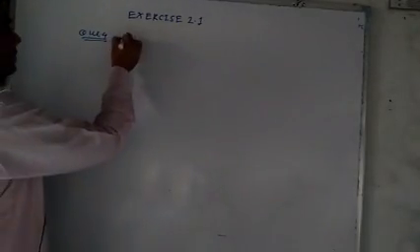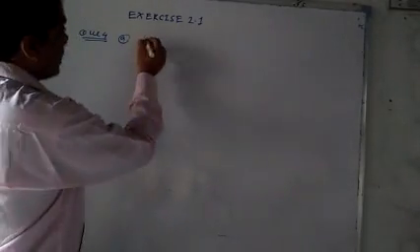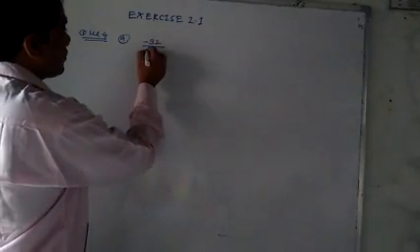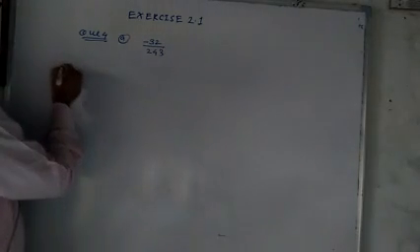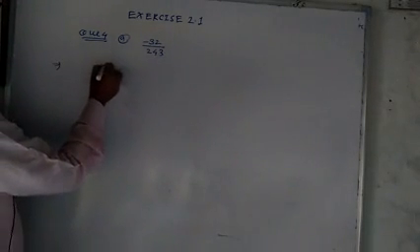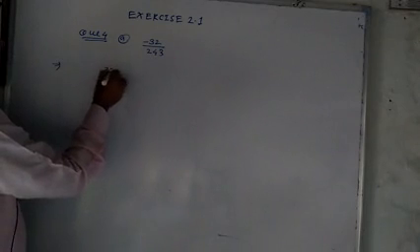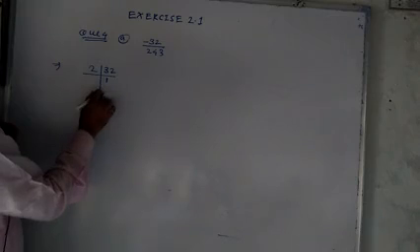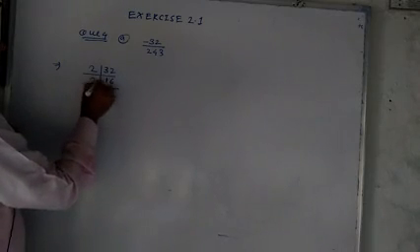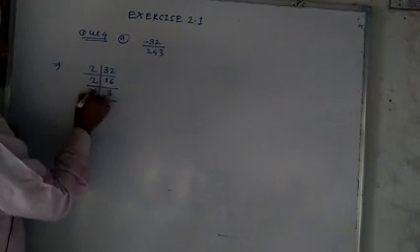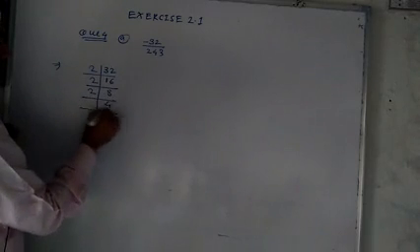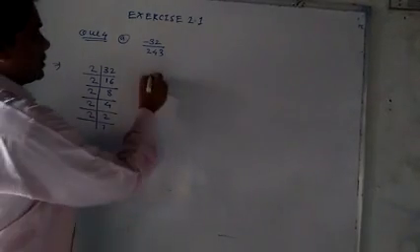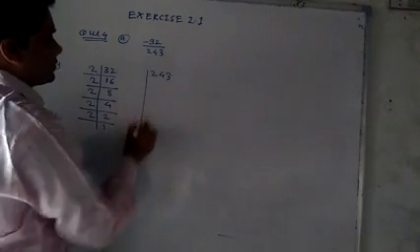So first we take minus 32 upon 243 by prime factorization method. 32: 2 1s are 2, 2 6s are 12, 2 8s are 16, 2 4s are 8, 2 2s are 4 and 2 1s are 2. Now 243 here.